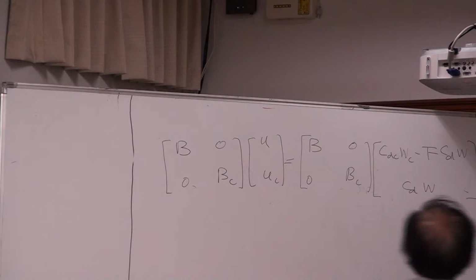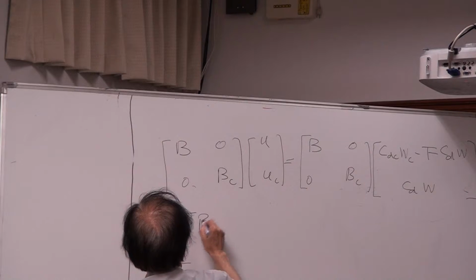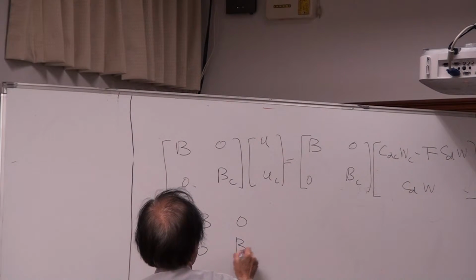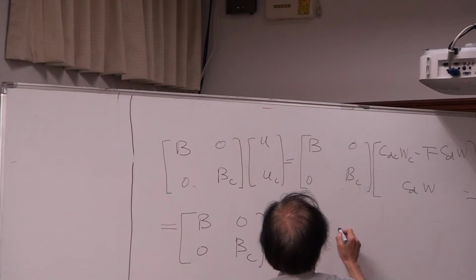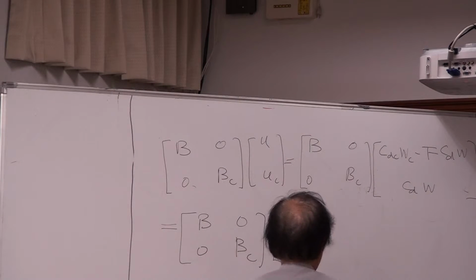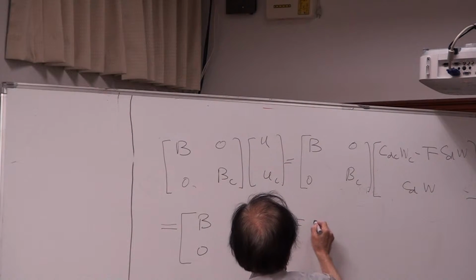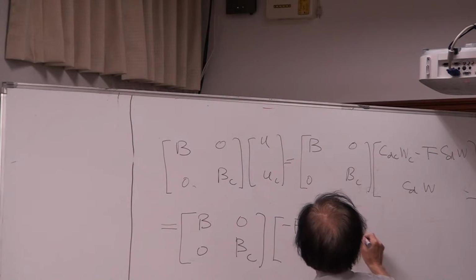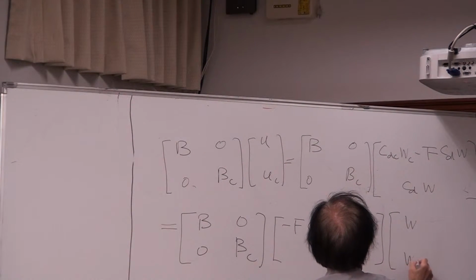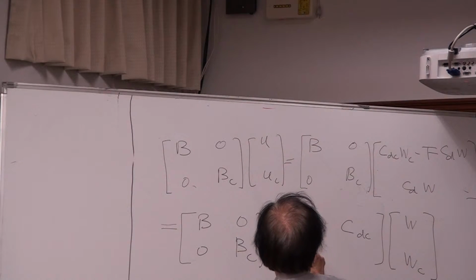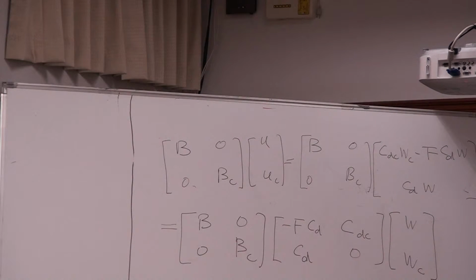If I multiply like that, then I will be able to do this equal to B 0, 0 BC times a matrix: CDC, minus F CD, then CDC, times W and WC, and this is CD 0, right? Makes sense?